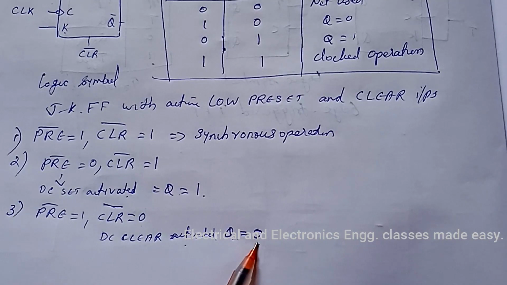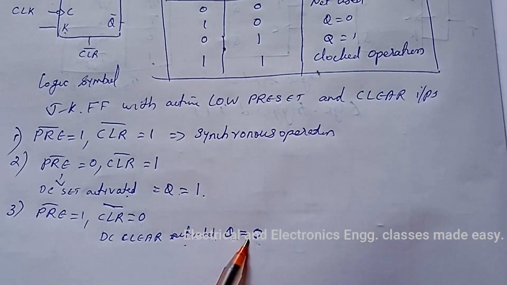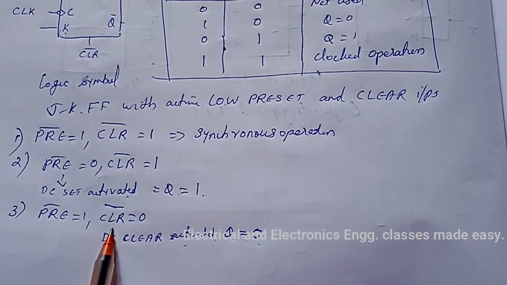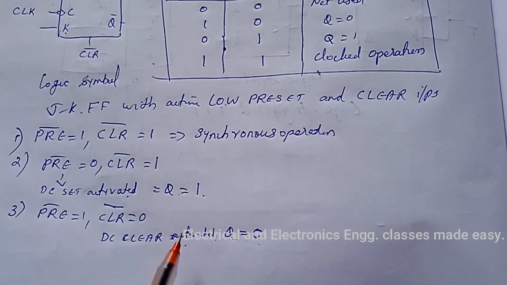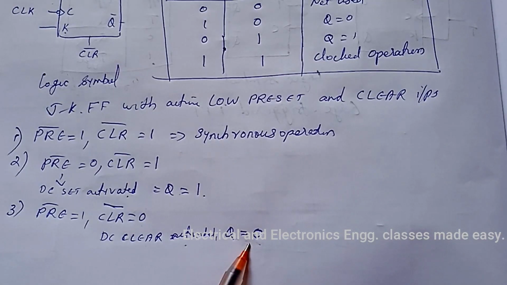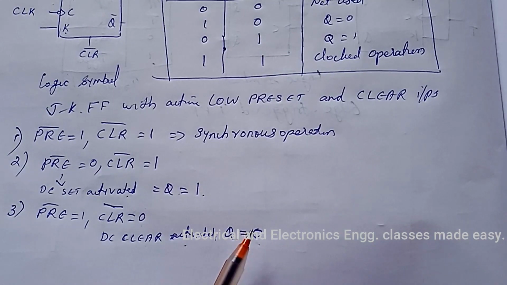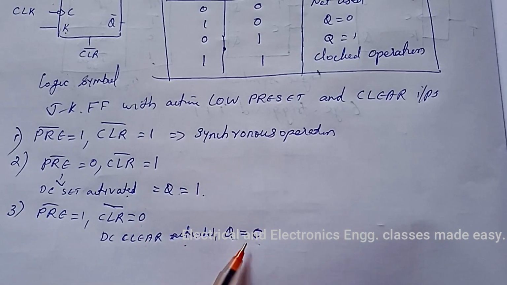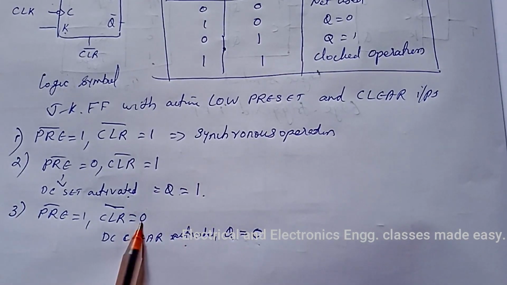So it will depend on these inputs only, that is it will not depend on the J, K and clock inputs. So the clock input has no effect on this flip-flop when DC clear is equal to 0.